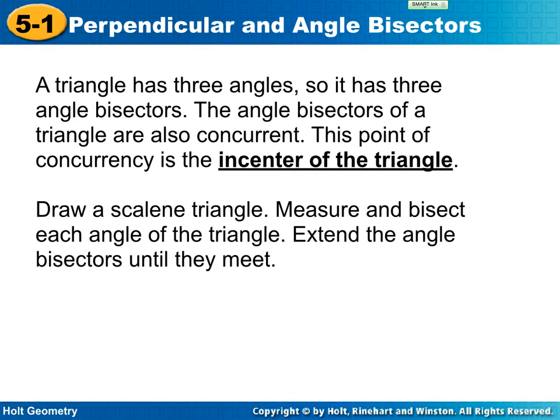A point that's on the angle bisector is equidistant from where? What's the theorem? The sides of the angle, right. So from this point, if I measure perpendicular to this side and perpendicular to this side, those should be the same length. And if I go perpendicular to this side, that should also be the same length.